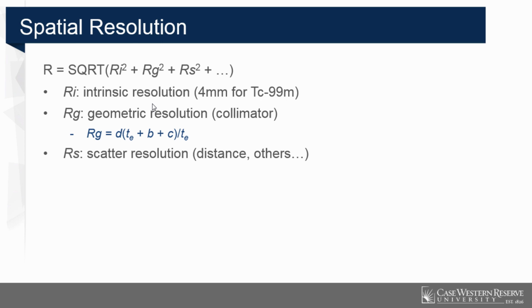Each component in the gamma camera will only degrade your resolution. You have intrinsic resolution, collimation, and even reconstruction will degrade your spatial resolution. So overall, the system resolution will be the root mean square. So remember this.